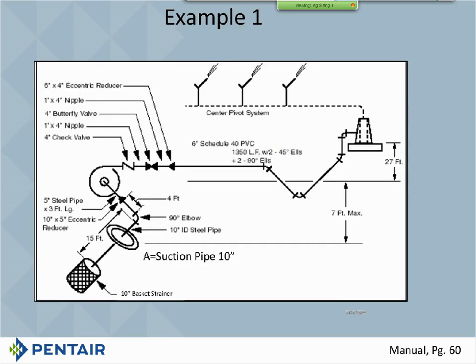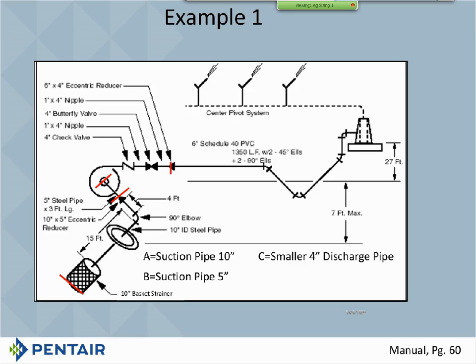Now, when we look here, remember section A, that's the first big size suction pipe, is 10-inch. We're going to measure it from there to there. That's all 10-inch pipe there. Section B is 5-inch pipe. It's going to go from that point to this point. Section C is a smaller discharge pipe.